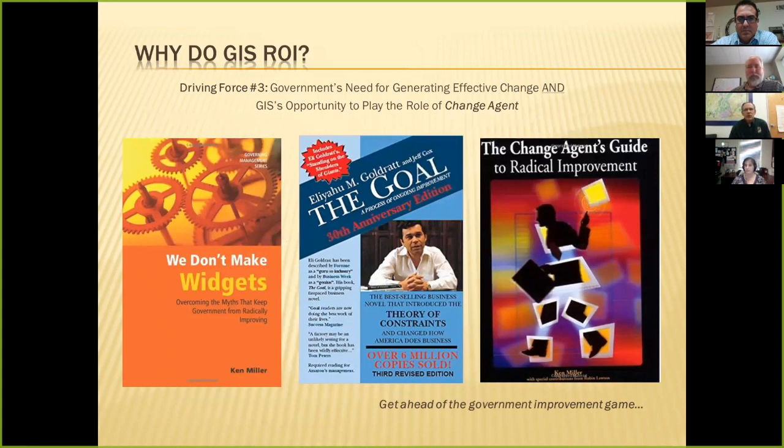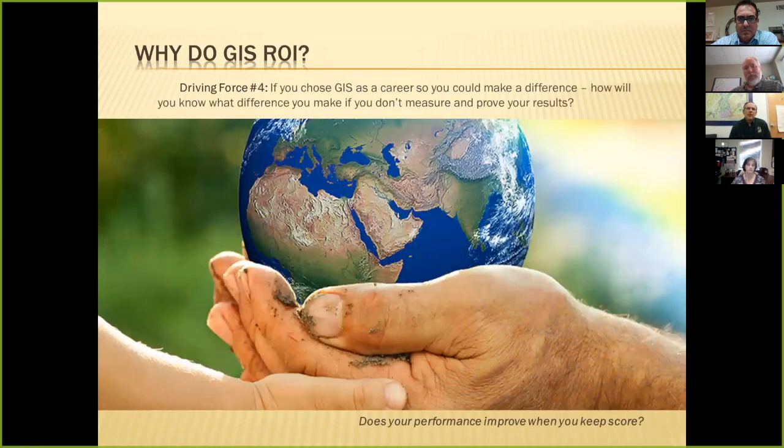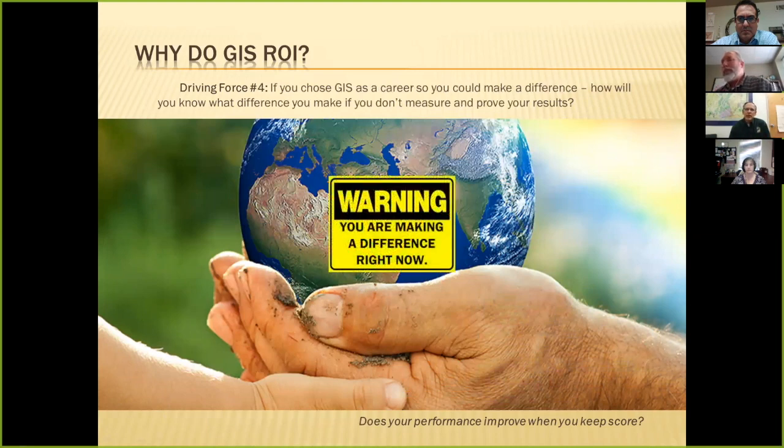So now let's get to our last driving force. This last driving force is really more of a feeling, but it can be a very powerful one. Most of the GIS professionals that I've encountered tell me that they work with government and GIS specifically so that they can make a difference.